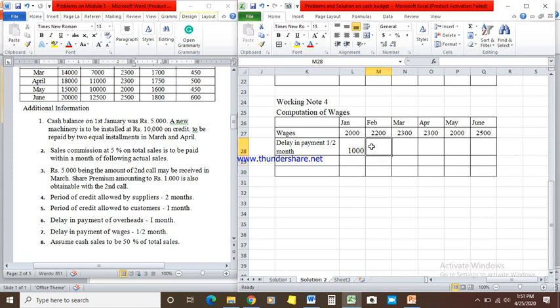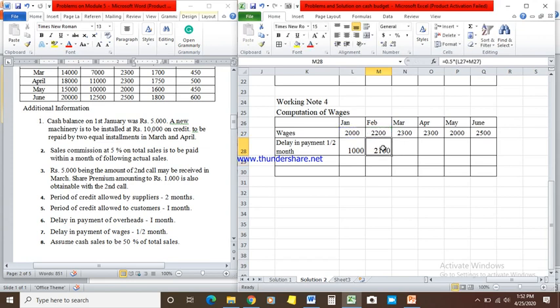So one of the easy methods to calculate the payment of wages here is, since we are considering 50% payment of the previous month and 50% payment of wages of the current month, what we will do is we just put it like this: 50% means 0.5 into previous month plus current month.